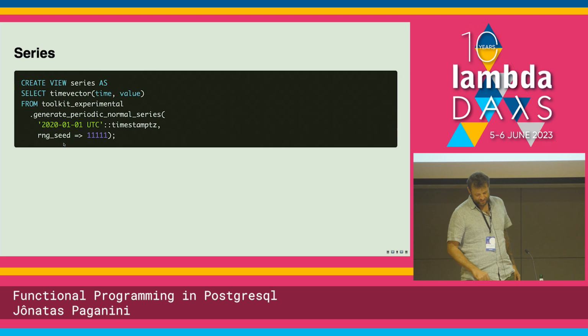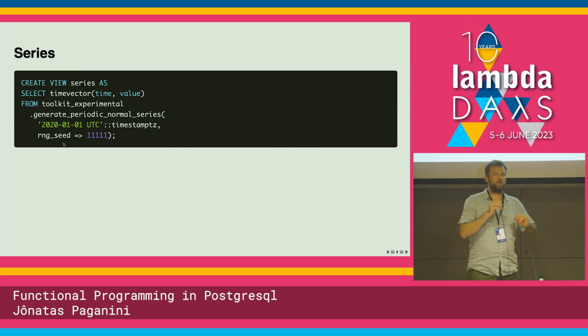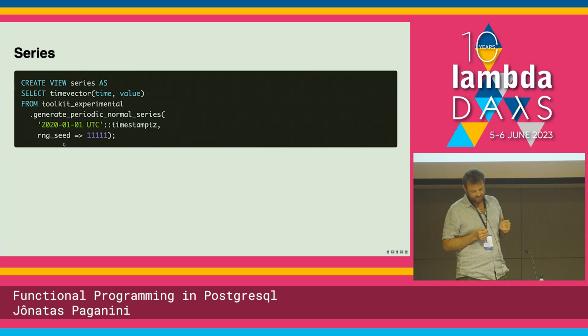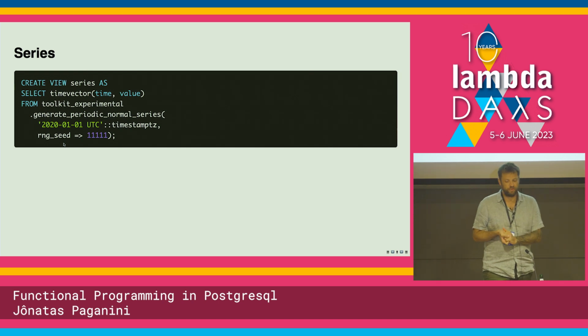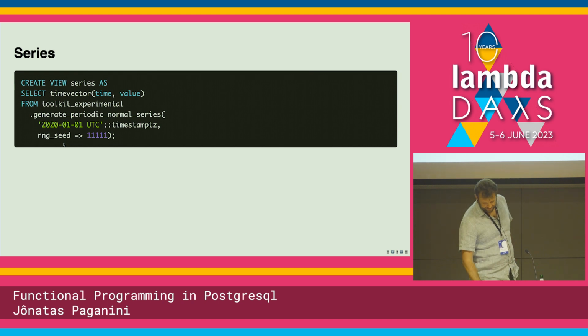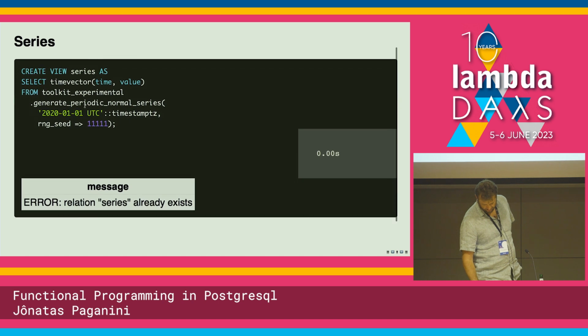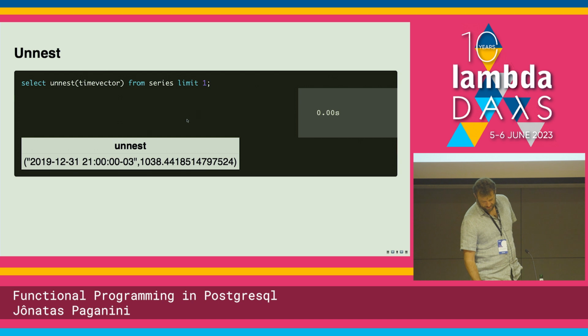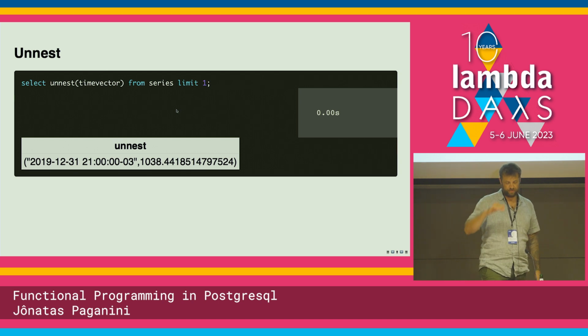And here is one example not showing one-time vector, but several. So we have this generate series, and in this case I'm using this generate periodic normal series. I guess I already created this one. And basically, it's just generating some random series.